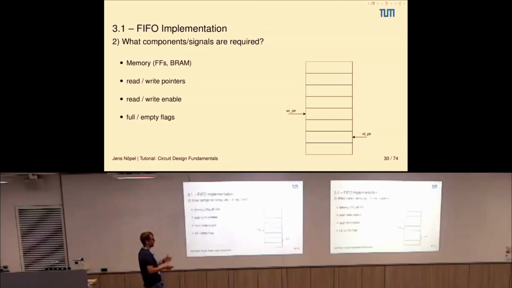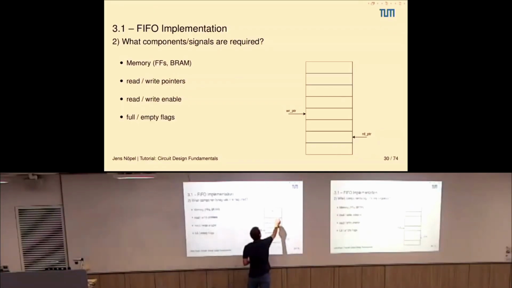So in the end, you just end up with something like this, where one such element is a packet, and you can have multiple packets. So this is packet 0, packet 1, and so on. Usually you start up with this being your write pointer and this your read pointer.